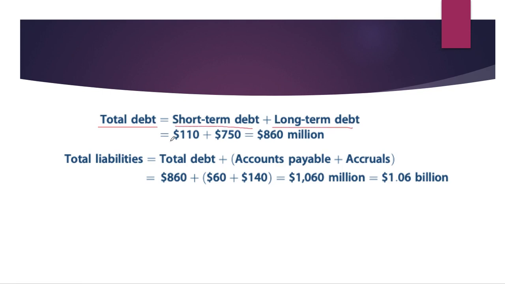For the example table, we calculate this as 860 million. What about the total liabilities? Total liabilities, as we have already seen, is given by the total debt plus accounts payable plus accruals, and that's equal to 1.06 billion in our example.